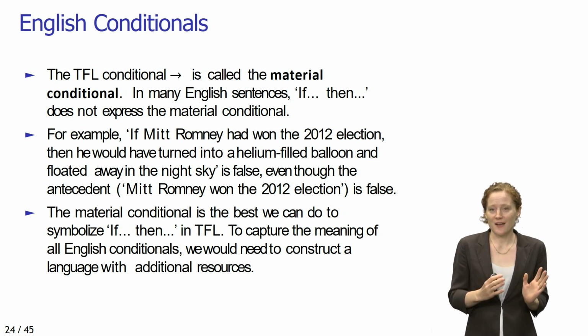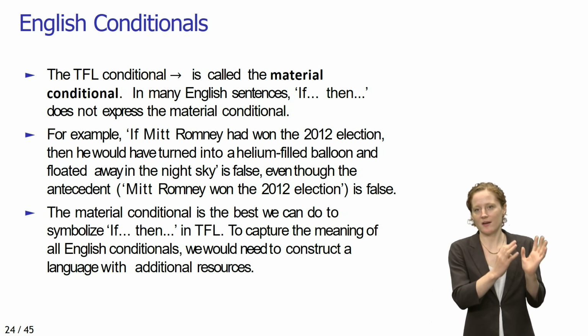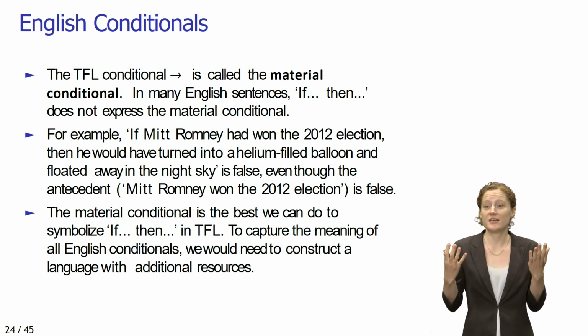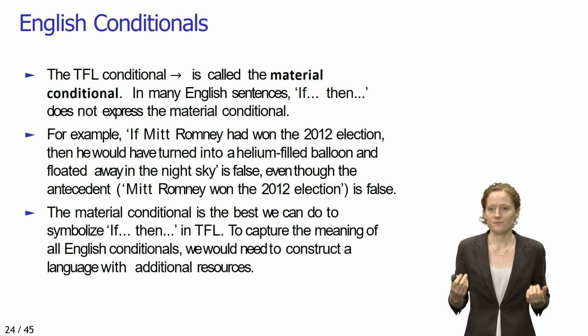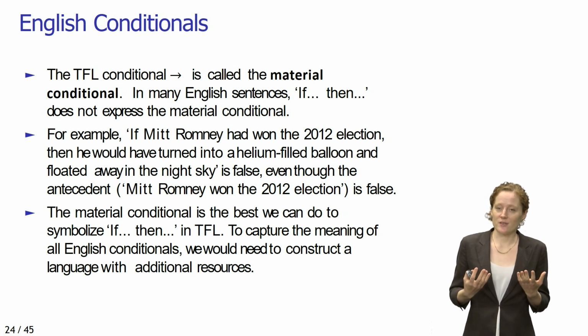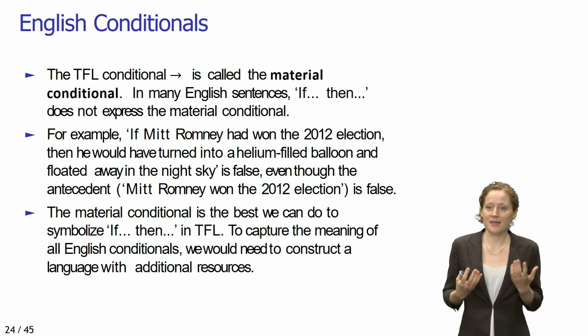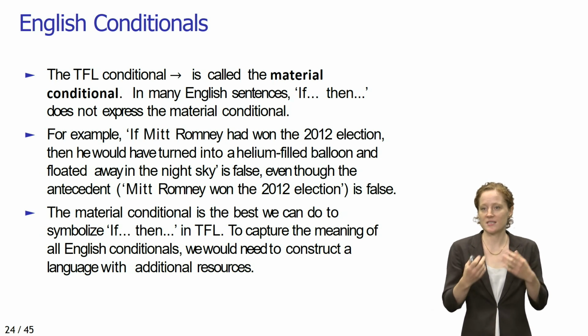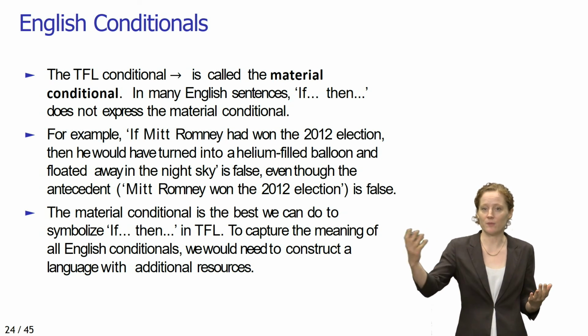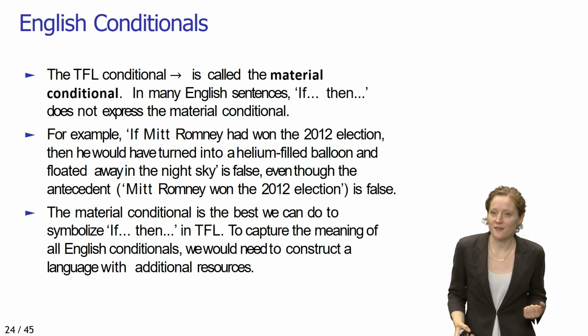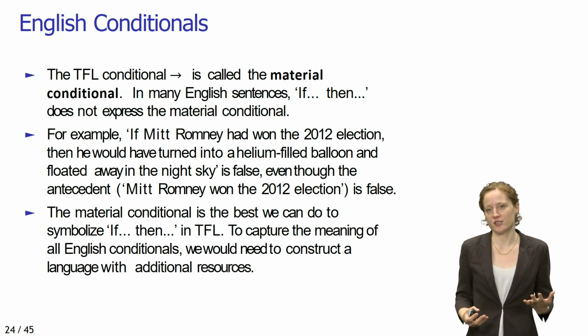Now, the TFL conditional, represented by the arrow, is called the material conditional. And it is important to notice that in many English sentences, the words if blank then blank do not in fact express the material conditional.